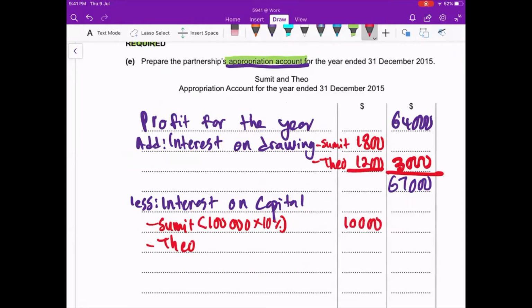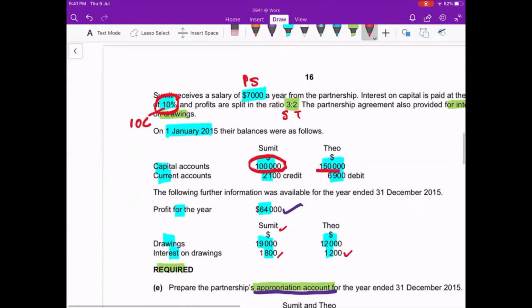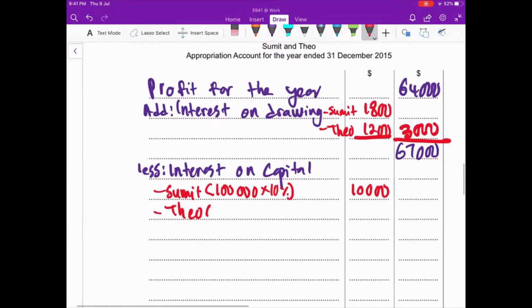After that, Theo. How much is the capital for Theo? The capital for Theo is 150,000 times with 10%. So I go Theo, 150,000 times with 10%. I will get 15,000.